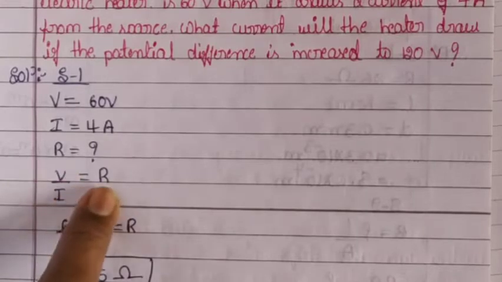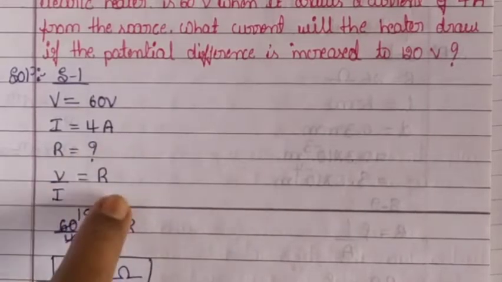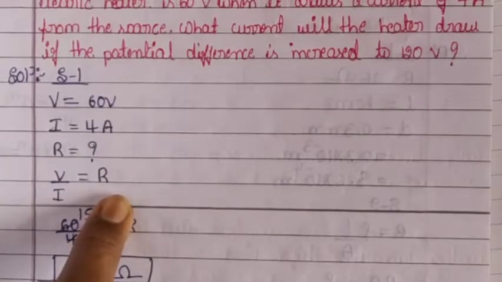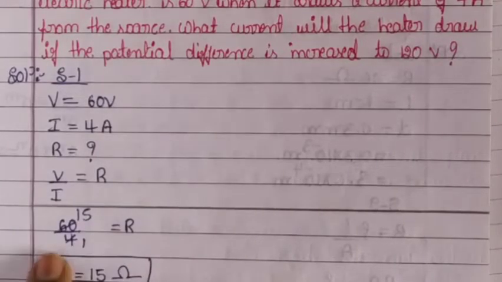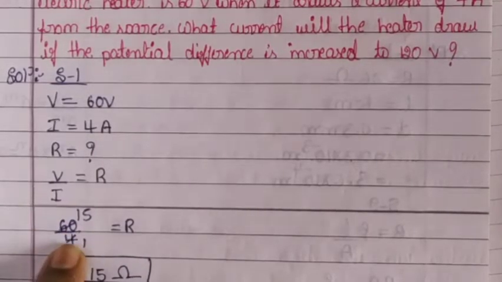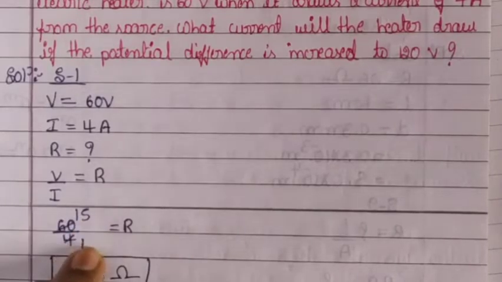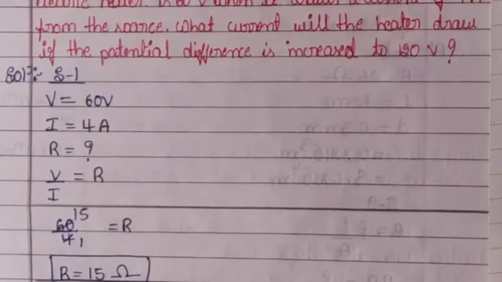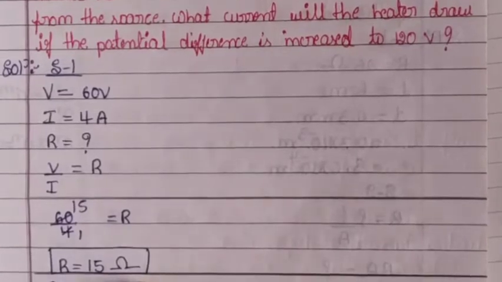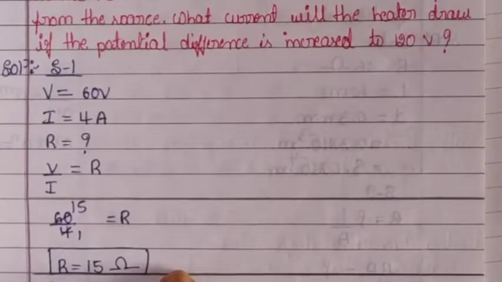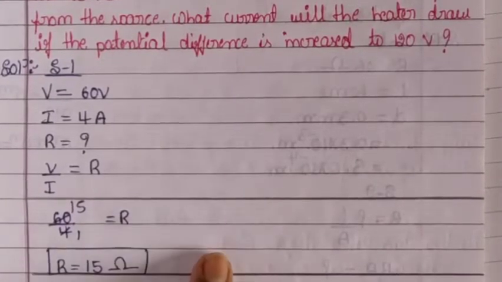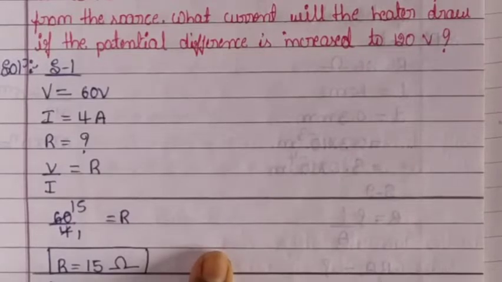V by I is equal to R. This is from Ohm's law. Now substitute the values. 60 by 4. The 4 ones are cancelled here. R takes the value 15 ohm. This is the resistance of the electric heater.